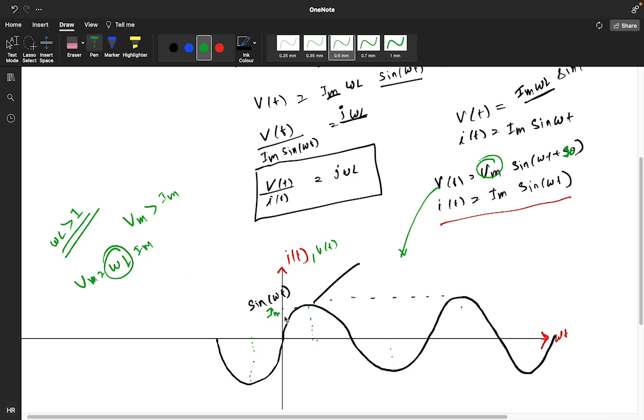So your curve will start from here only, but it will have a greater peak. Suppose I am drawing it like this, with a greater peak. Wait, just wait, the curve is not going properly.